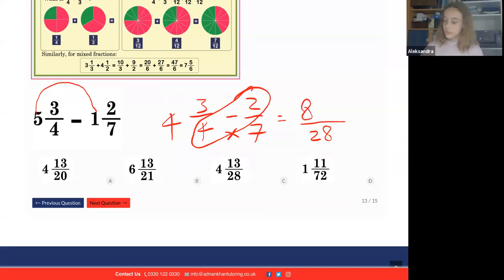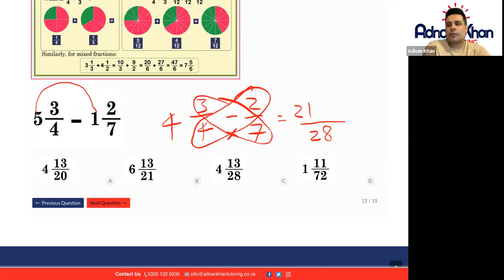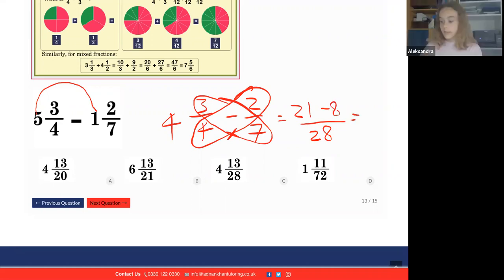And then you subtract that. So we do 7 times 3 first, which is 21, the big number first, and then 4 times 2, which is 8. Good. And then you subtract it, which is 13 over 28.